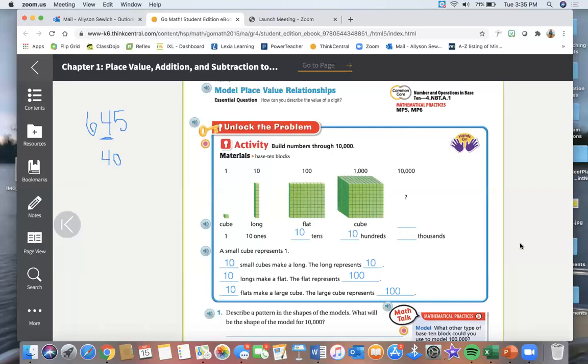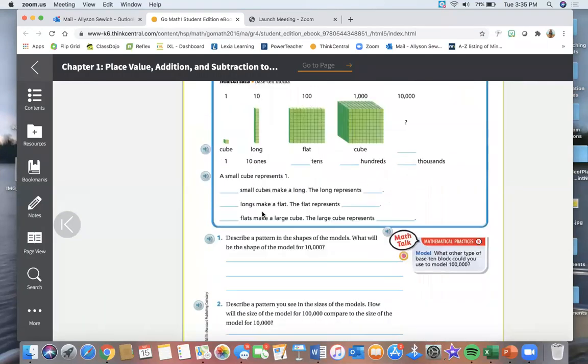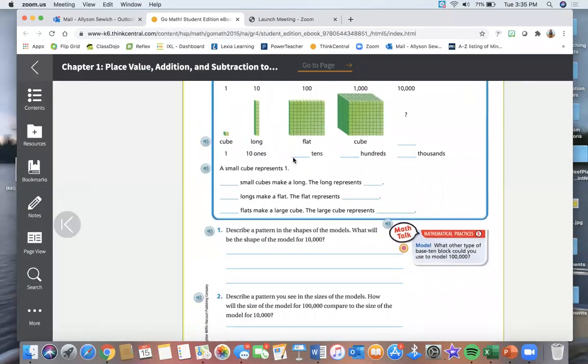So now I'm going to scroll down. So I have to erase. So make sure you write all of that down. Oh, here we go. All right. I'm going to write these here again so you guys can see it. So I have 10 tens, 10 hundreds.